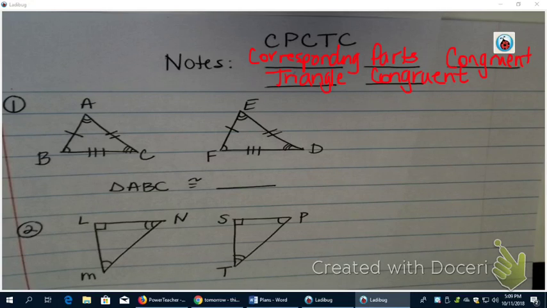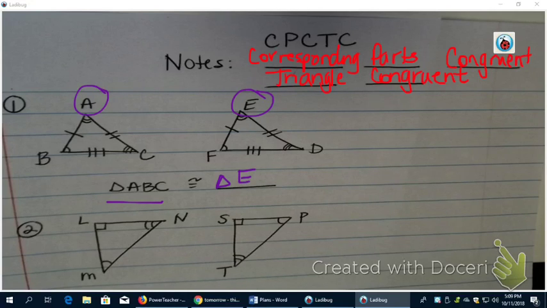So first of all, number one here, if you look at all of those symbols, they're telling you the triangles are congruent. And so down at the bottom it says triangle ABC is congruent to, and what you're supposed to do is write the triangle that it's congruent to. Well, A corresponds to E because they both have two little lines up there, so E goes first.